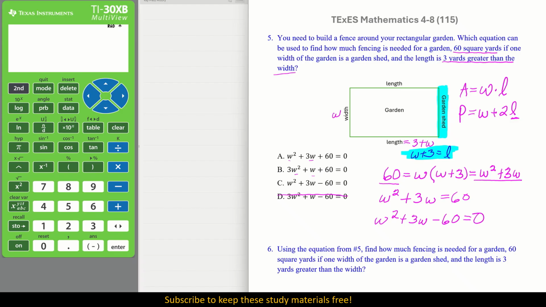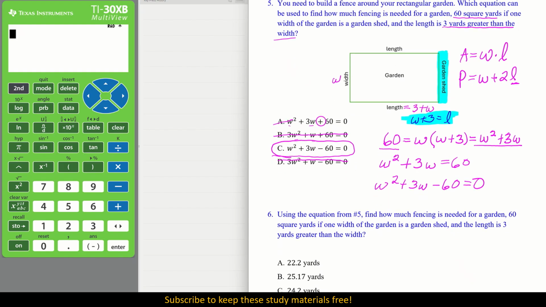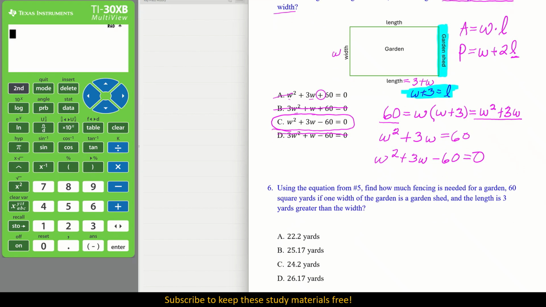Now that eliminates D and B, and also A is eliminated because of this plus. If you don't follow through on your algebra correctly, those positives and negatives will get you. So C is verified.